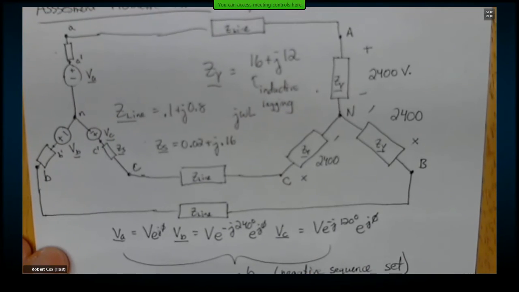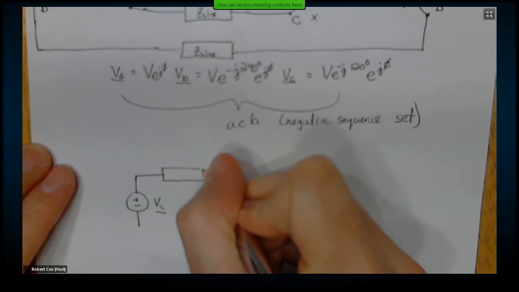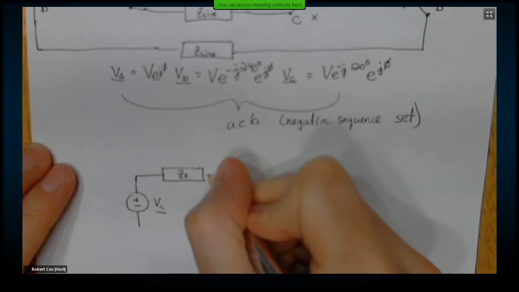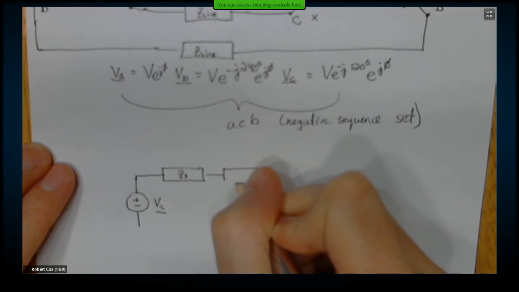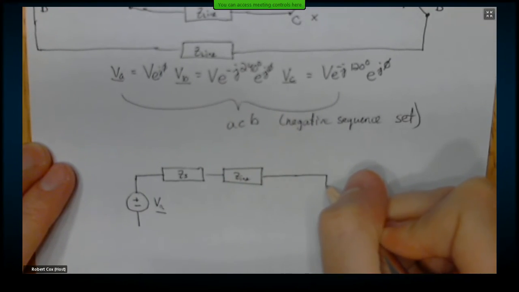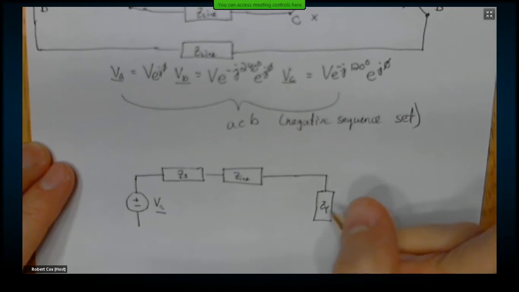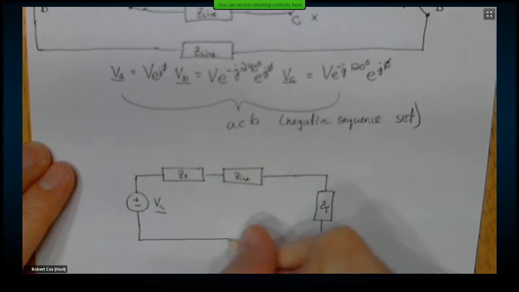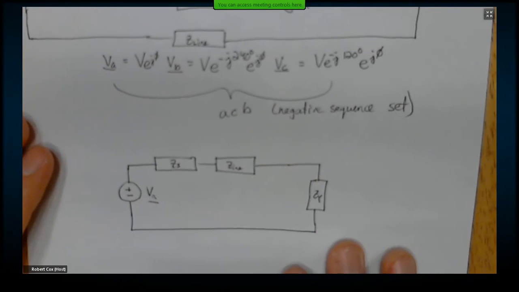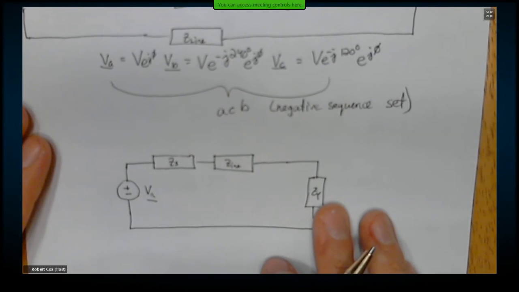Now in the equivalent single phase circuit, I just have this. All I have to do is solve for the currents and voltages in this circuit, and I can map that with the right phase shifts to the B and C circuits.